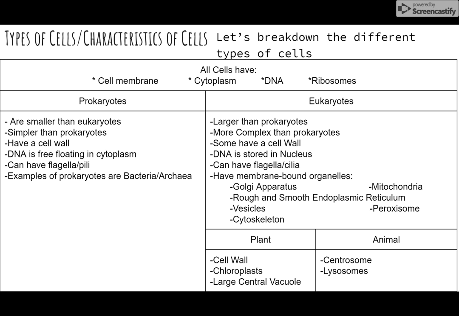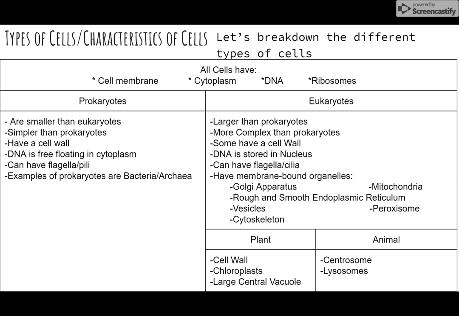That's a stiff outer coating outside of the cell membrane that helps the cell hold its shape. They have chloroplasts that perform photosynthesis, and they have a large central vacuole. A little comment here, animal cells do have vacuoles, but they do not have a large central vacuole. That is unique to plants.